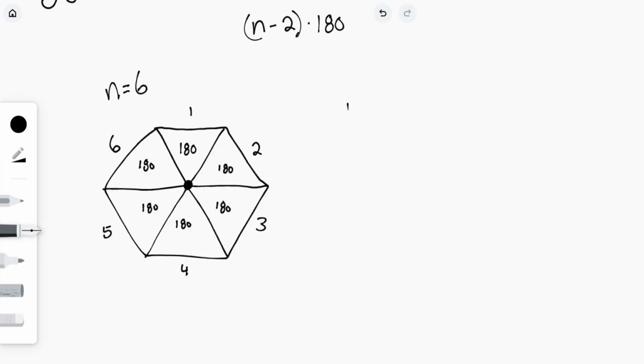I have n triangles, and I'm multiplying by 180. In our example here, n would be 6, so technically, I have 6 times 180. I'm trying to derive the formula though, so I'm going to use n. I have n times 180.